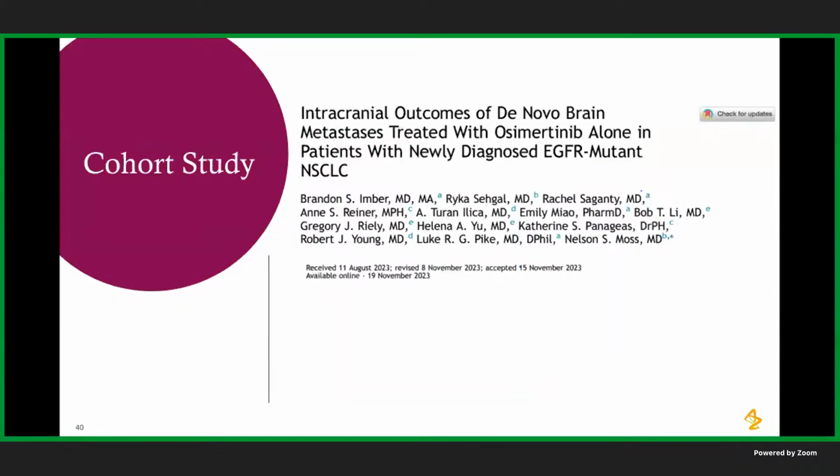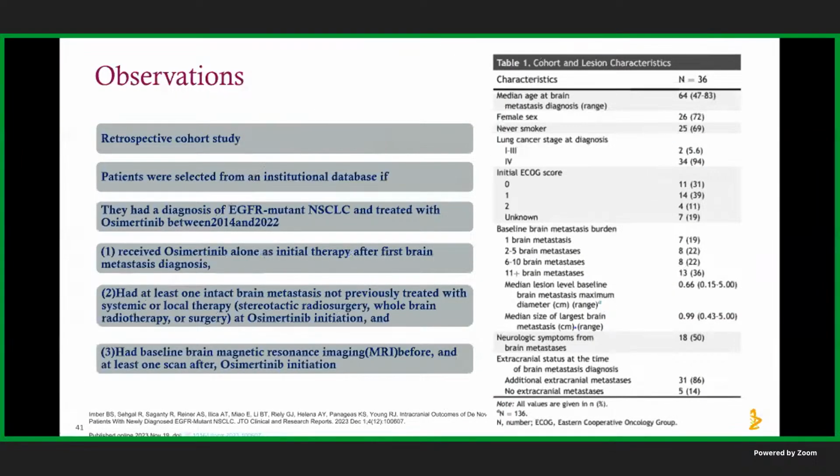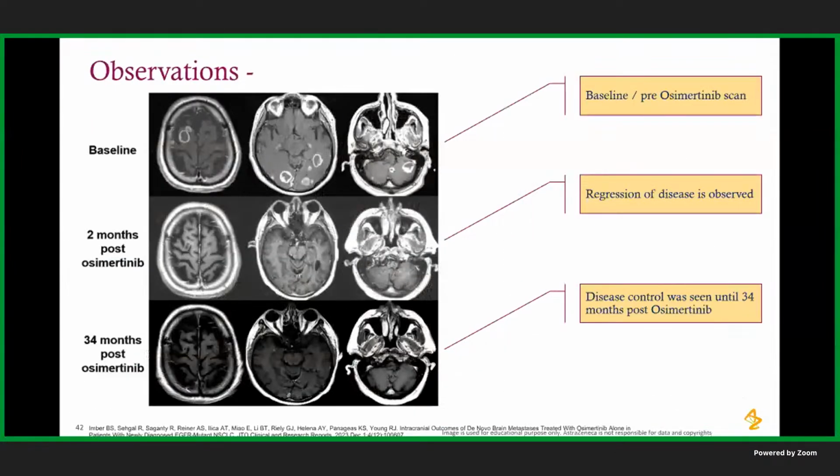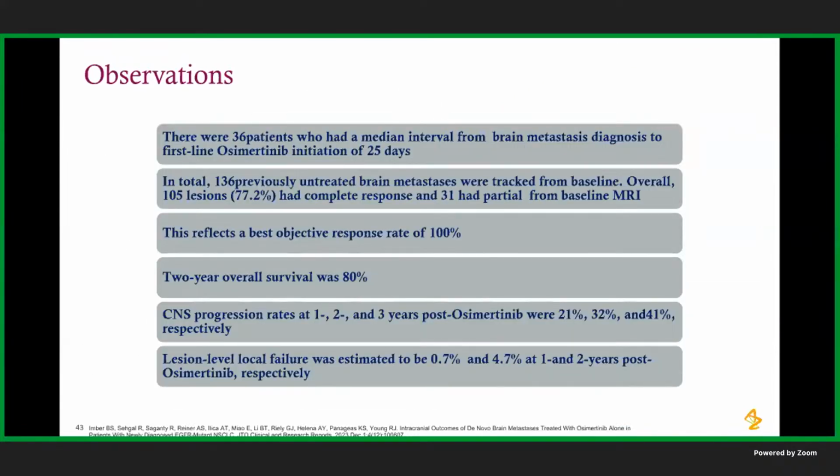Then intracranial outcomes of de novo brain mets treated with osimertinib alone in patients with newly diagnosed EGFR mutant NSCLC. This was a retrospective cohort study, basically showing the same message as the previous case studies, that intracranial penetration of osimertinib is good, it is a responder, and rapid results are obtained with this.